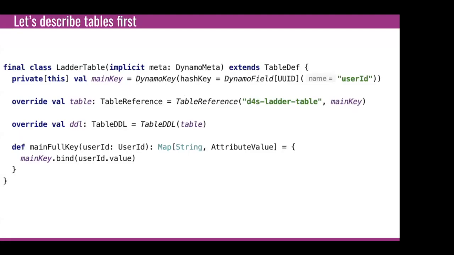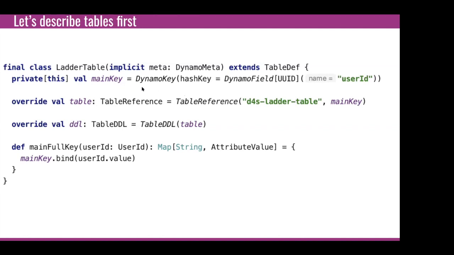Of course, first of all, we need to create the table, but instead of writing and using Java builders for that, we extend the TableDef trait that has these table reference and TTL fields. Essentially, a table has its name and keys. You could also provide a namespace and specify TTL. And for this simple case, we have only the main key.